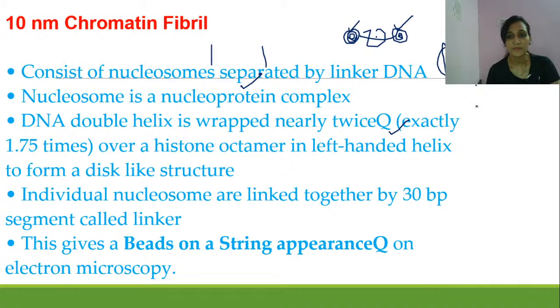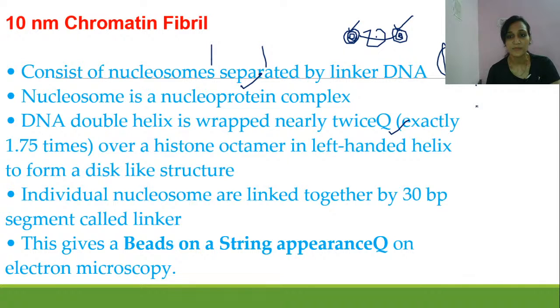Now, this linker, what is the length of this linker? It is 30 base pairs. And what is the length of this 1.75 turn? It is around 145 to 150 base pairs. This is your protein.